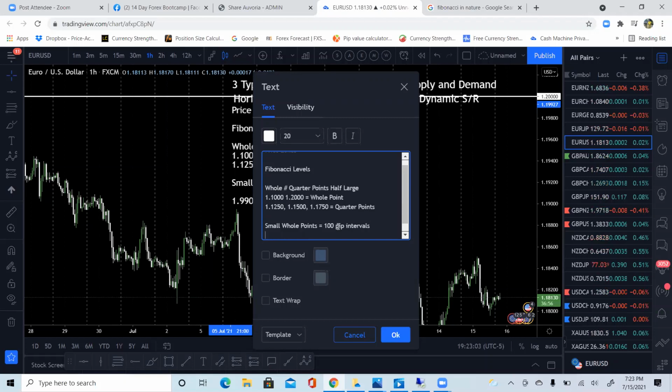And then we'll go half points. I don't really use quarter points on a small level, but I'll use small whole points and small half points. So that would look like this. So you get 1.9950.